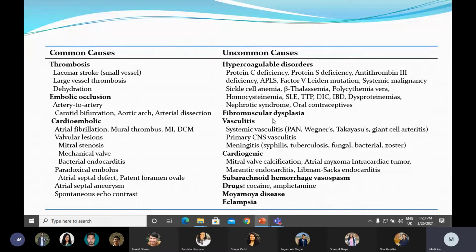And there are many vasculitic syndromes like Wegener's, Takayasu's, giant cell arteritis, even CNS vasculitis can cause stroke. Meningitis like syphilis, tuberculosis, fungal, bacterial can cause stroke.